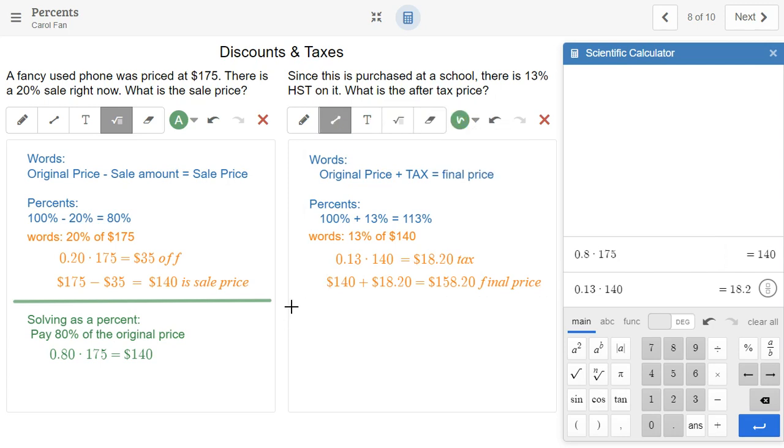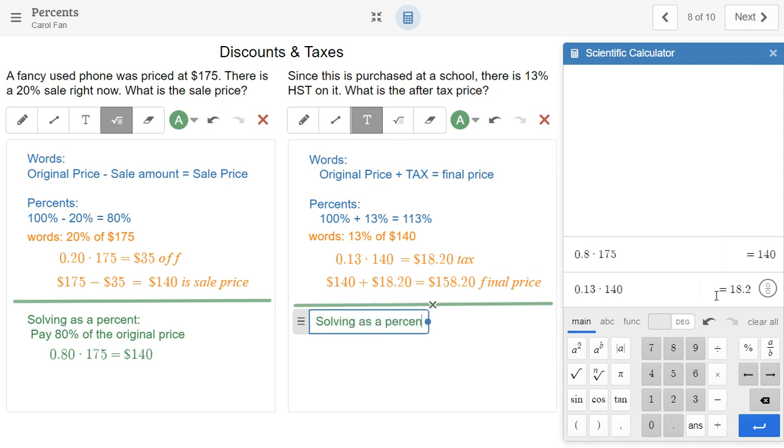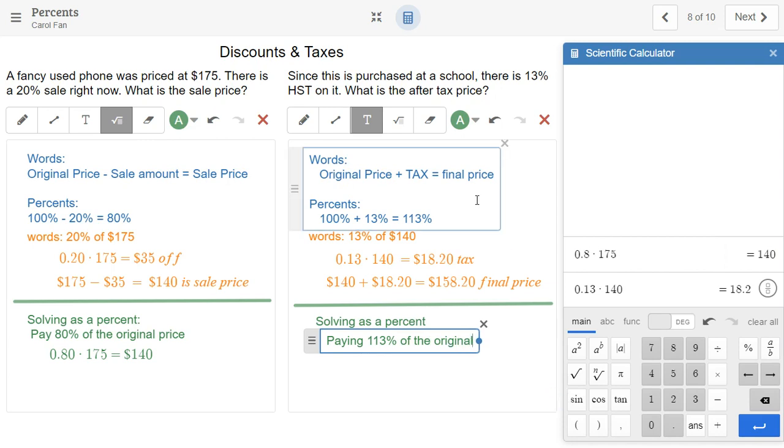Let's solve this one using our percent method. So if we're solving as a percent, we're now paying 113% of the original.